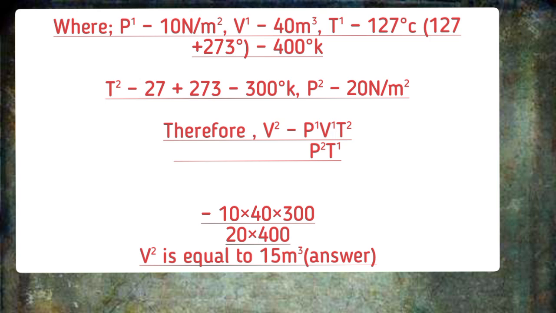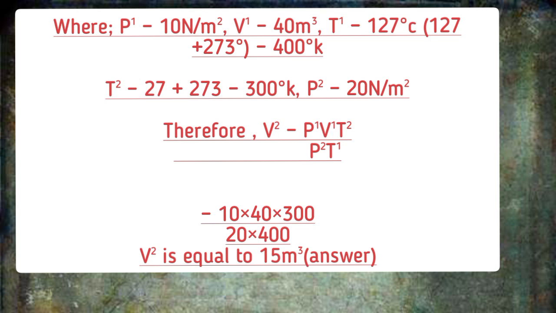Therefore, this is the formula we are going to use: V2 equals P1 V1 T2 all over P2 T1. The value of P1 is 10, V1 is 40, T2 is 300, P2 is 20, T1 is 400. Then the value of V2 is 15 meter cube.